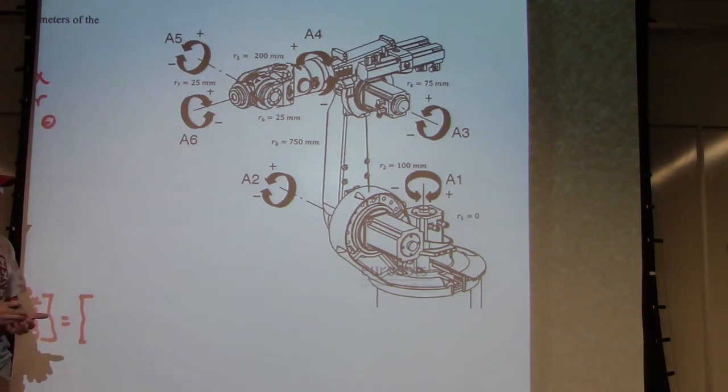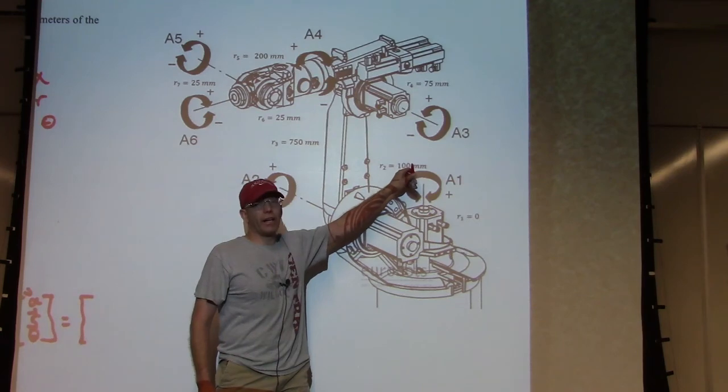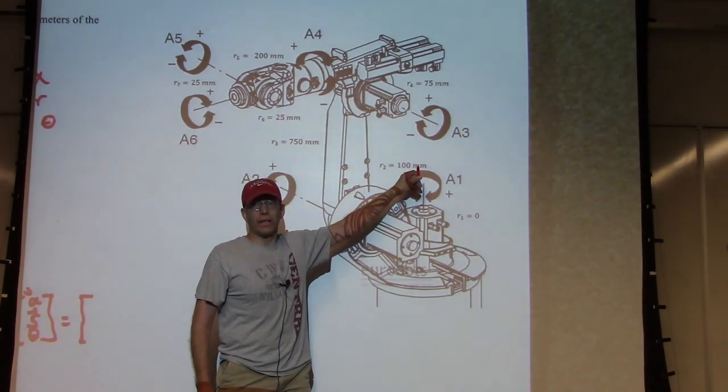So is there a joint twist angle or link twist angle? Remember, the link twist is what aligns the former Z with the new Z. So in this case, there is no link twist because we already have that Z-axis radiating through the center of motion on that joint.